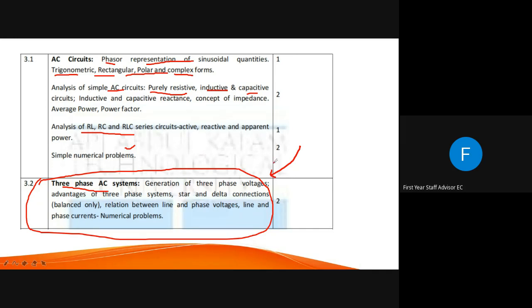But I'm considering you will be getting a 10-mark question from this topic for sure. Either it may be a problem or it will be a derivation. Of the two derivations, almost 90% are of the same type, and if you learn one derivation, you can easily attend the other one.